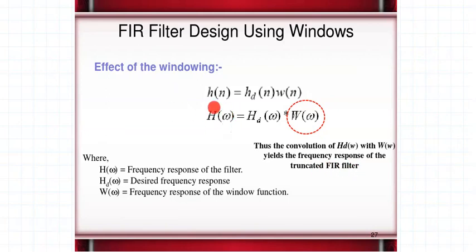So the entire behavior of how the final filter frequency response will be is decided by the window frequency response, because Hd(ω) is the desired frequency response which we expect at the end. How this is modified is entirely governed by the window frequency response. The way the window frequency response is will decide the frequency response of the final filter.